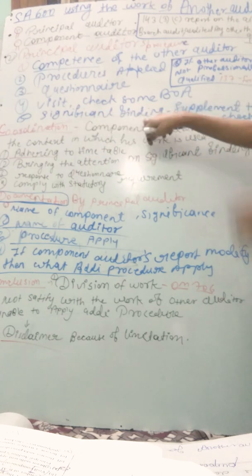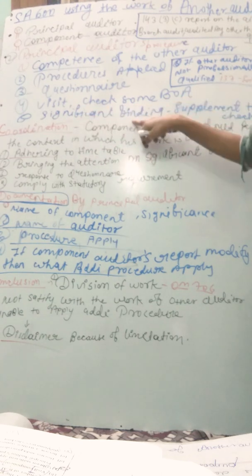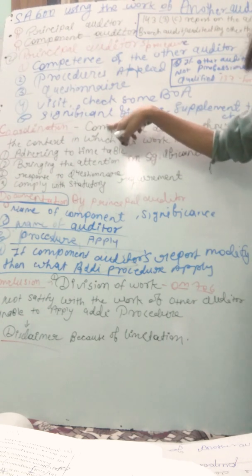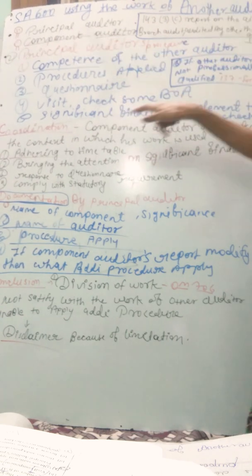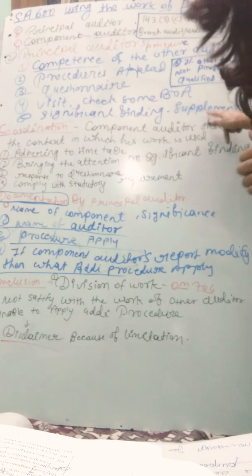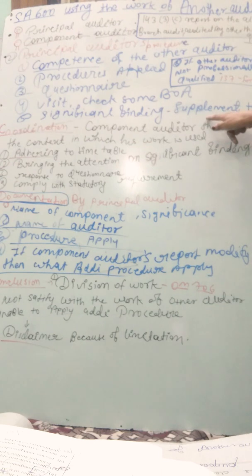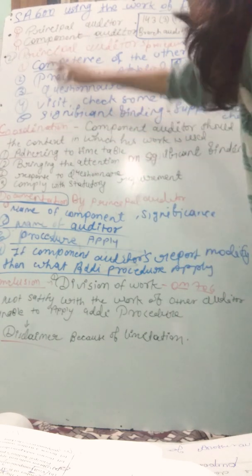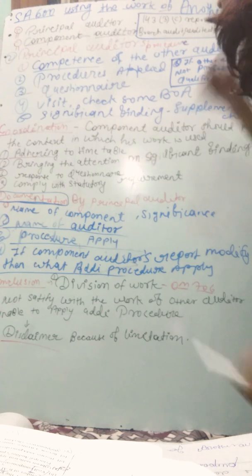Then significant findings: if there are any significant findings communicated to the principal auditor by the component auditor, then he should do supplementary test checks, and observe the results of the supplementary test checks. Then coordination between the principal auditor and component auditor.